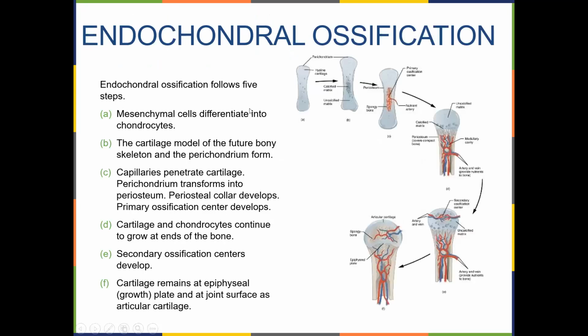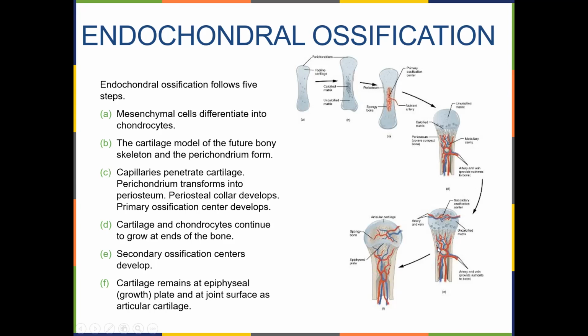So you can see, if you really want to look at these little tiny pictures here, here's our hyaline cartilage bone we start with. We start getting a growth center in the middle of the shaft, and we start laying down the matrix here, in which we see calcification of the cartilage. We see the secondary growth centers forming here in the epiphyses, and those are going to become the epiphyseal plates, which are the growth plates, which are going to stay there and be active for a long, long time.